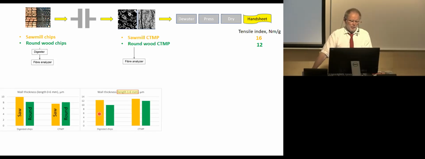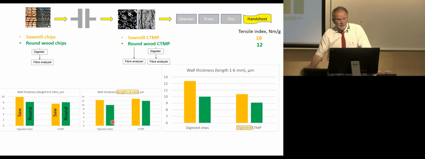You have longer, more thick-walled fibers here, and you have more thick walls in the pulp, so that fits. But the problem is then you get higher fiber length because here you have the CTMP and here you have the digested. So what we did then, we digested also the CTMP and ran it through the fiber analyzer. And then you get this ranking.